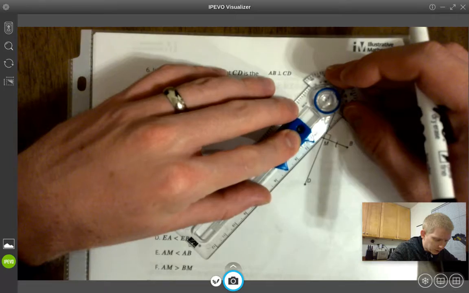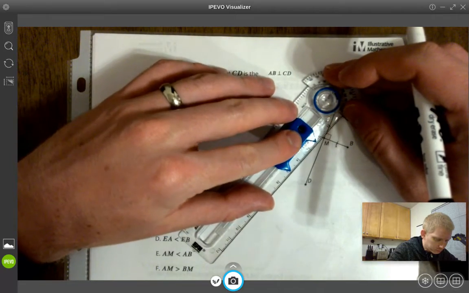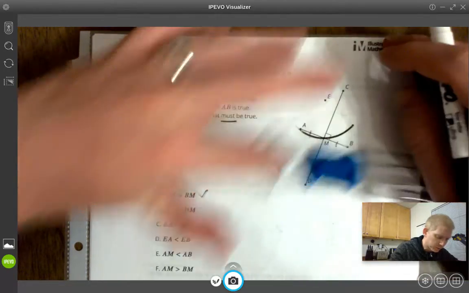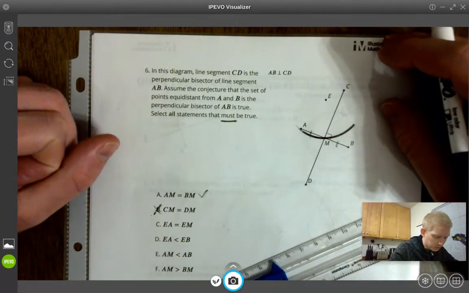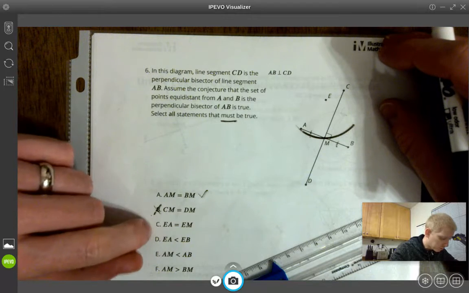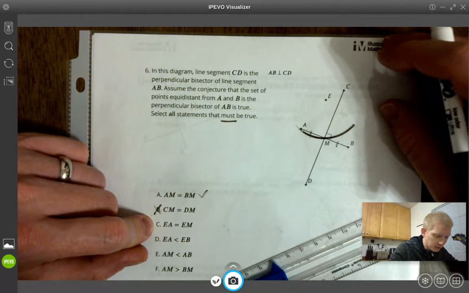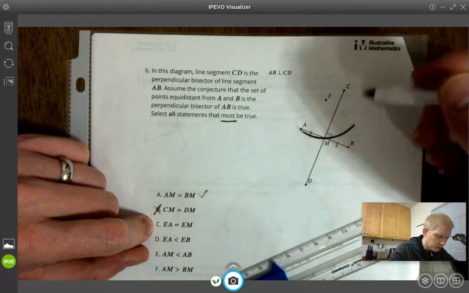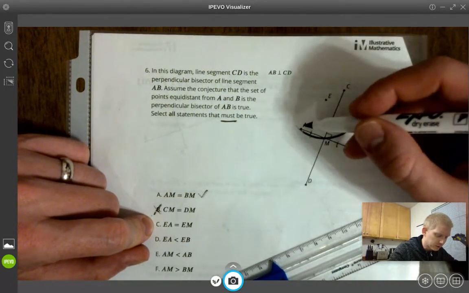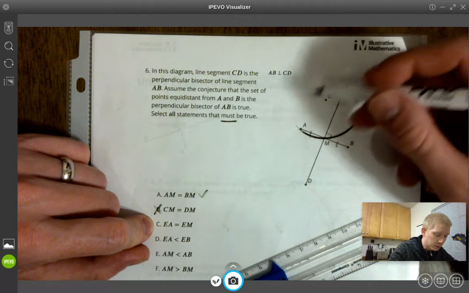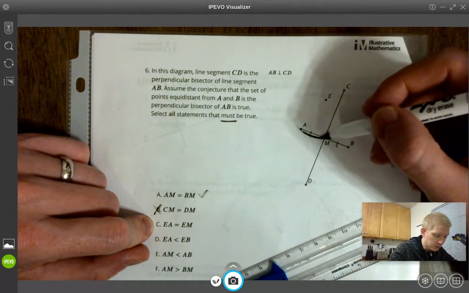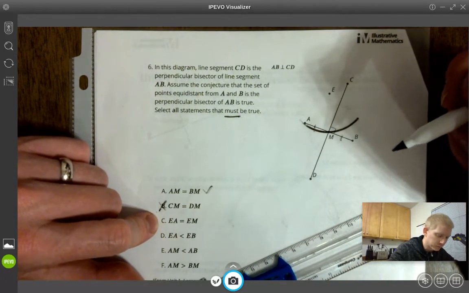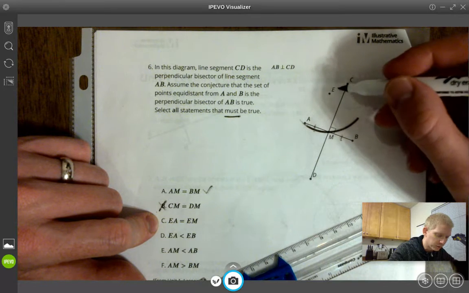If I put A right here, and compare right here, it looks like they are the same distance away, but we don't know for sure that has to be true unless we know for sure that we have a center right here. Okay, so E could be anywhere over on this side. In this particular case, it looks like it was true, but it doesn't have to be true. Okay, because E could have been over here or over here.